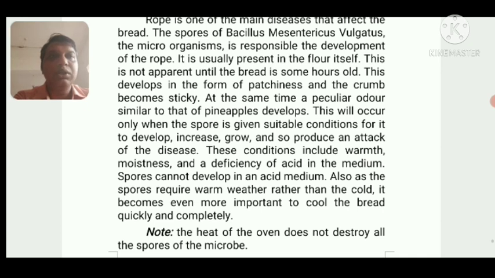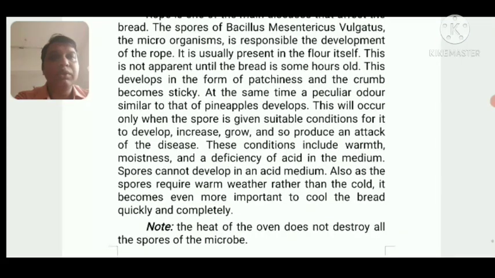Generally this is not apparent until the bread is some hours old. It develops in the form of patchiness and the crumbs become sticky. At the same time, a peculiar odor similar to that of pineapple develops.